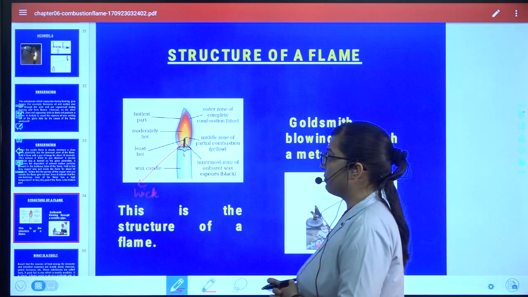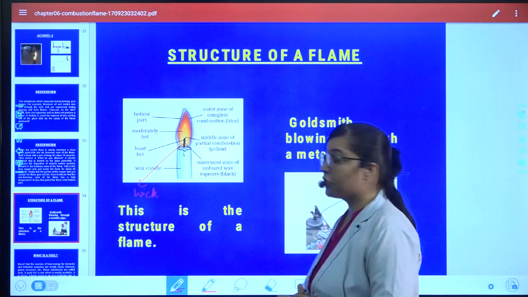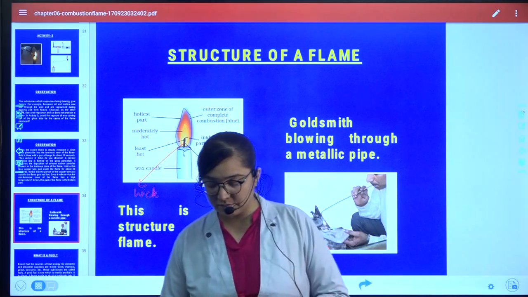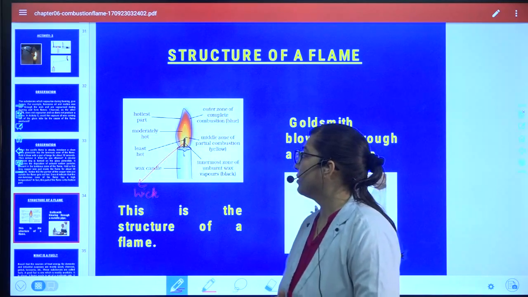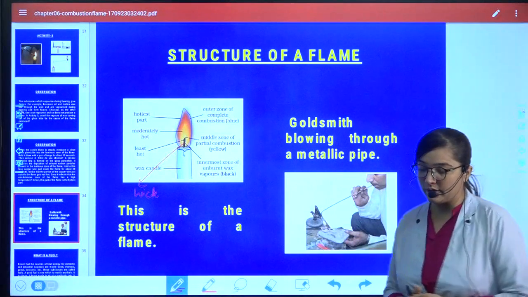This diagram is very important and I request you to draw it again because it can come in exams regarding the structure of the flame. Please draw the diagram quickly.